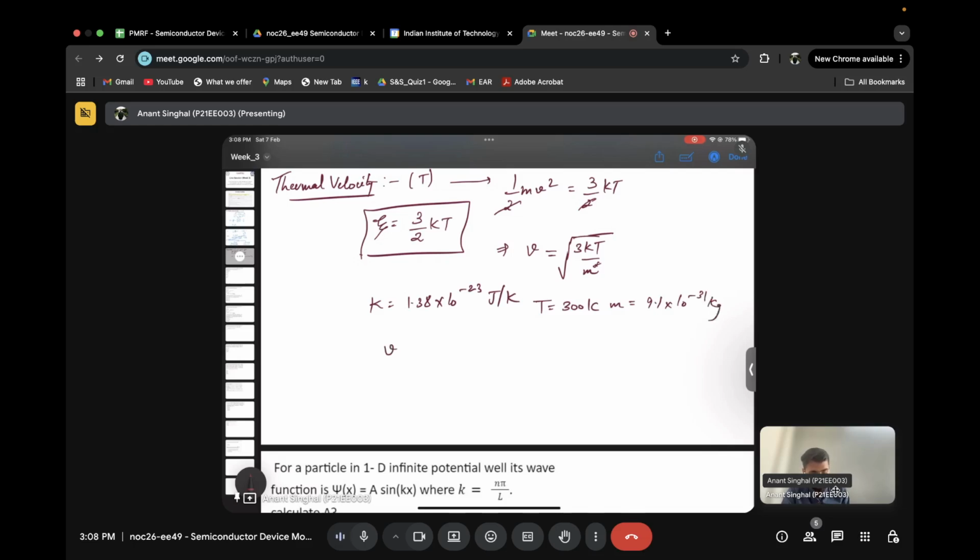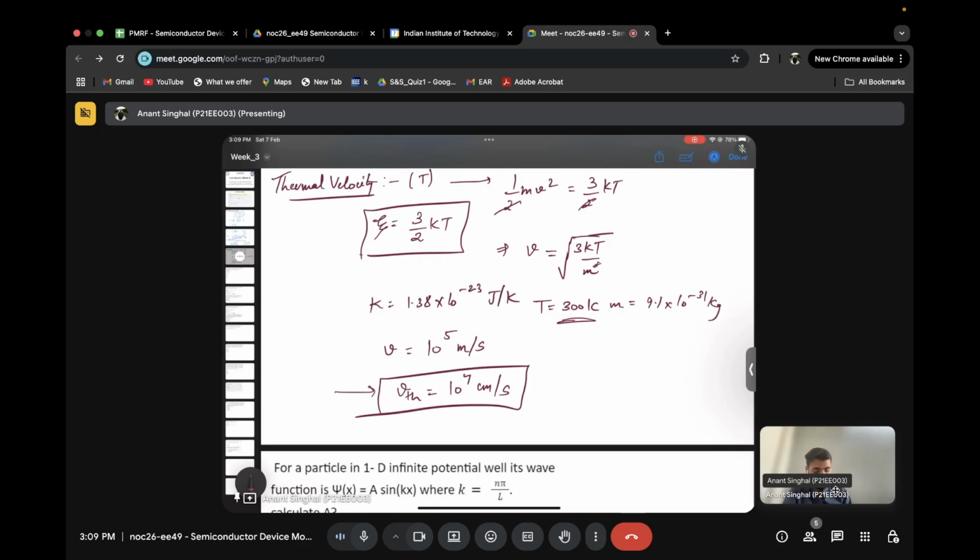If we feed these in, the thermal velocity comes out, you can do the calculation on your own, to approximately 10 raised to 5 meter per second, or 10 raised to 7 centimeter per second. So due to temperature, this is what we can achieve at room temperature.